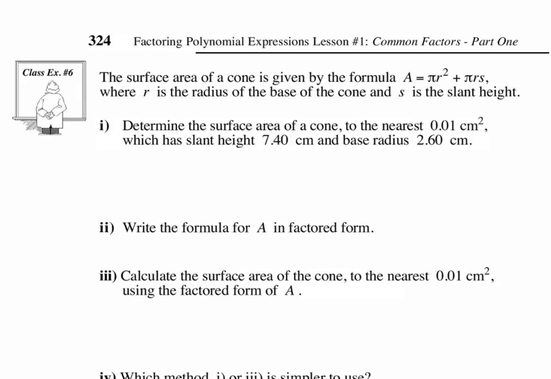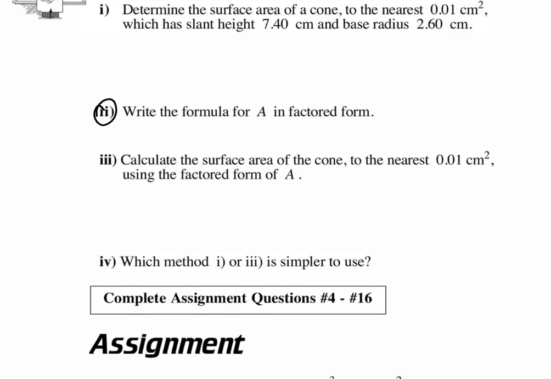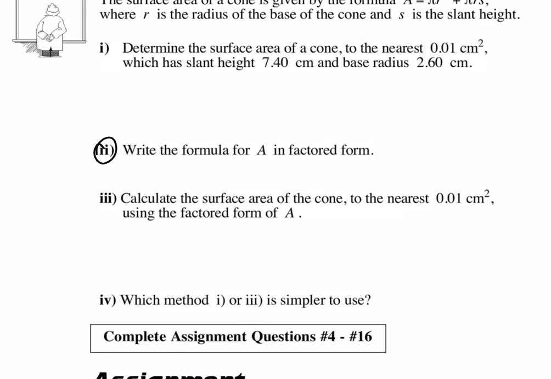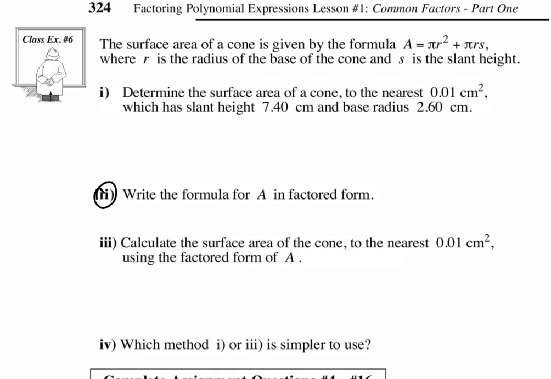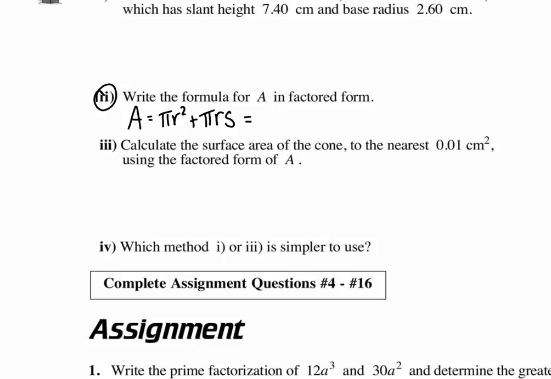So looking at this page 6, we're going to look at number 2. Just number 2. Okay? So if the area of a cone is pi r squared plus pi r s, what can we factor out? What is a common factor for those two terms? Pi, what else?